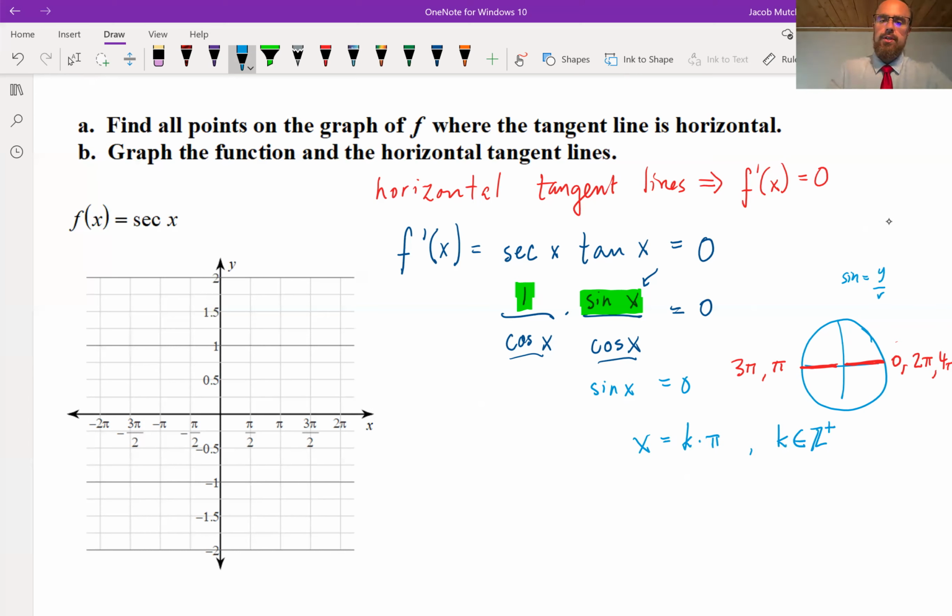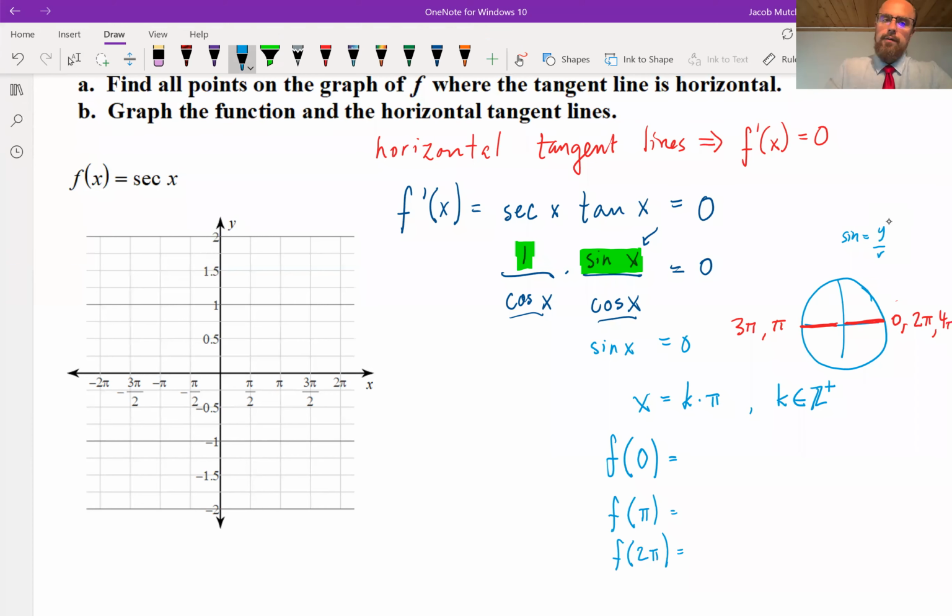Let's just say what's f at 0 to begin, because that was our first one we had found. And then we'll also calculate f at pi. And just to see what happens, let's also calculate f at 2 pi. And again, this will tell me my y value.